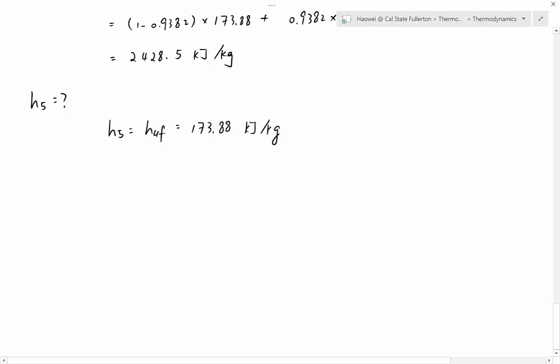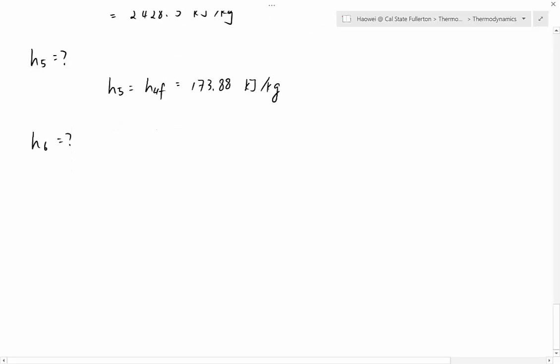Okay, and then finally the last one, H6. How do we look for H6? 5 to 6 is the pump, and we always use the same method for the pump. We've done it once, so let's do it again. W dot pump over M dot from first law is equal to H6 minus H5. The bigger one minus the smaller one. The bigger one is H6.